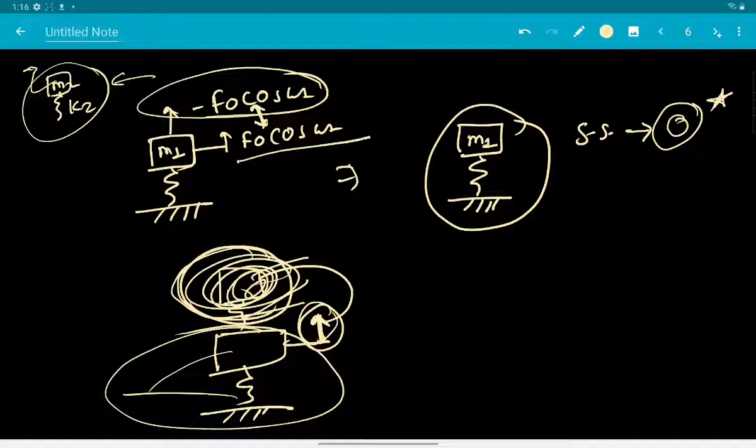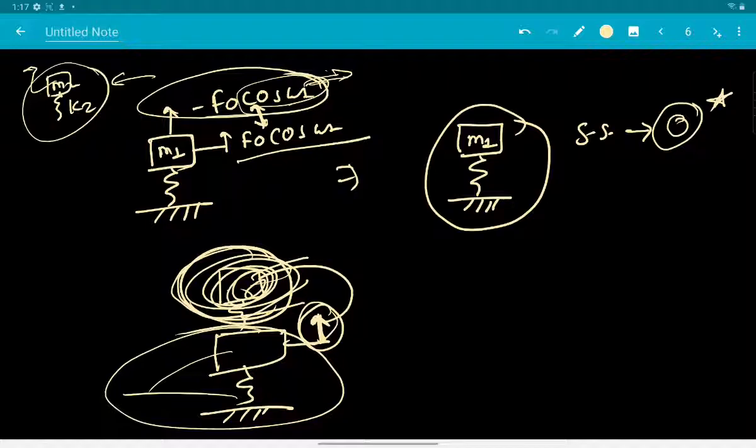So this is a brief introduction to the undamped vibration absorber, and what we have just discussed is applicable for a harmonic frequency omega. If you are interested in designing an absorber for a range of frequencies omega, then what we have done just now cannot be applied by itself.